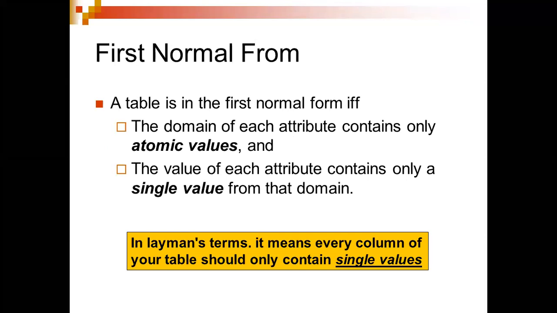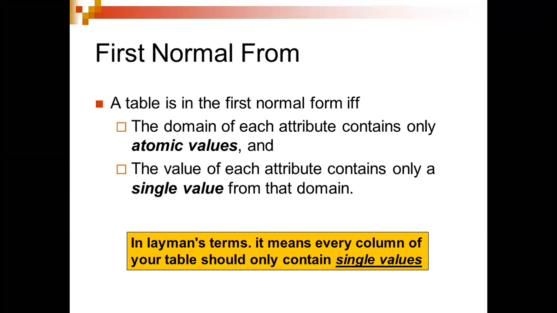So when I'm talking about the first normalization, you have to say that each and every column or attribute should contain a single value. This is the first one you have to remember: for every column you should have a single value, not more than that.